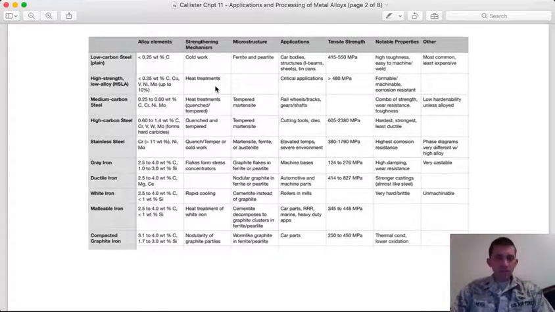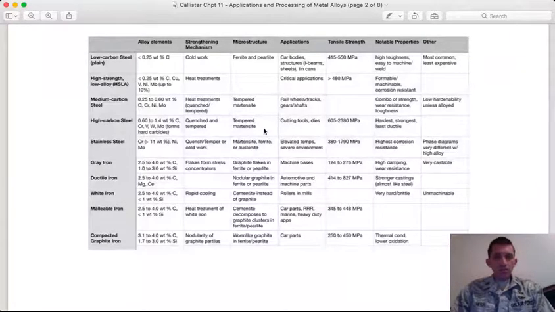It's easier to get these harder microstructures because of the addition of these alloying elements. And so you see that all of these high strength or alloyed steels are able to be heat treated, quenched, and tempered, in addition to being cold worked and strengthened in that manner.